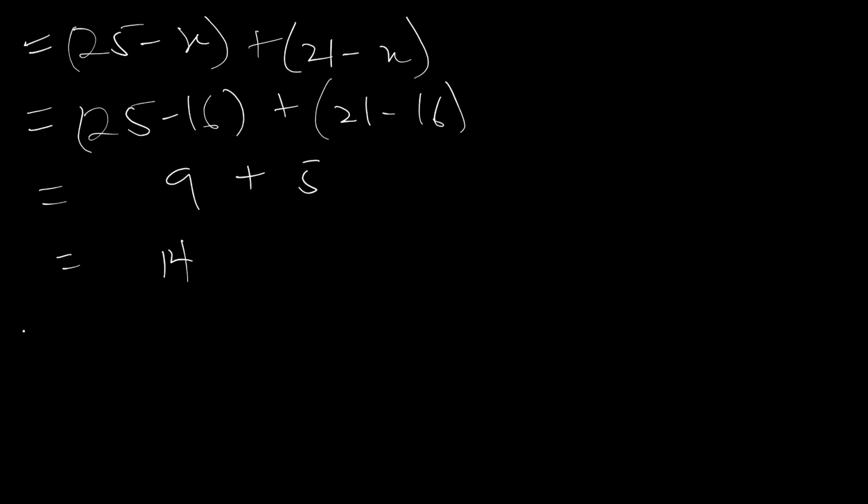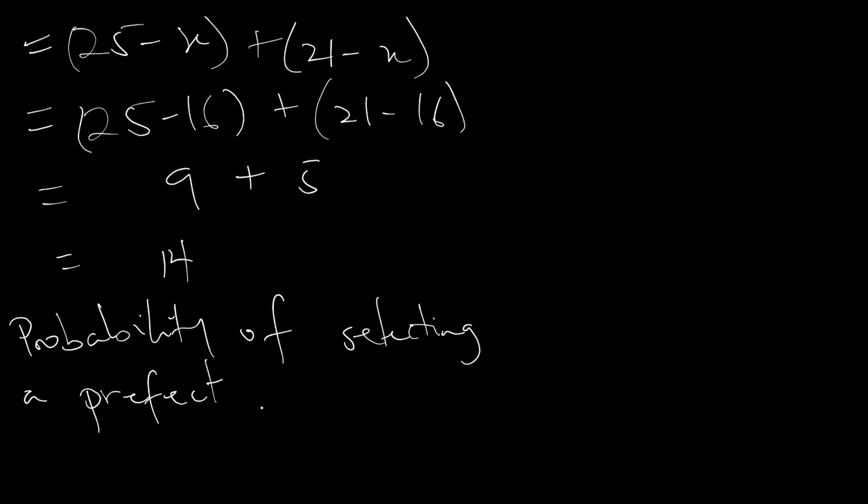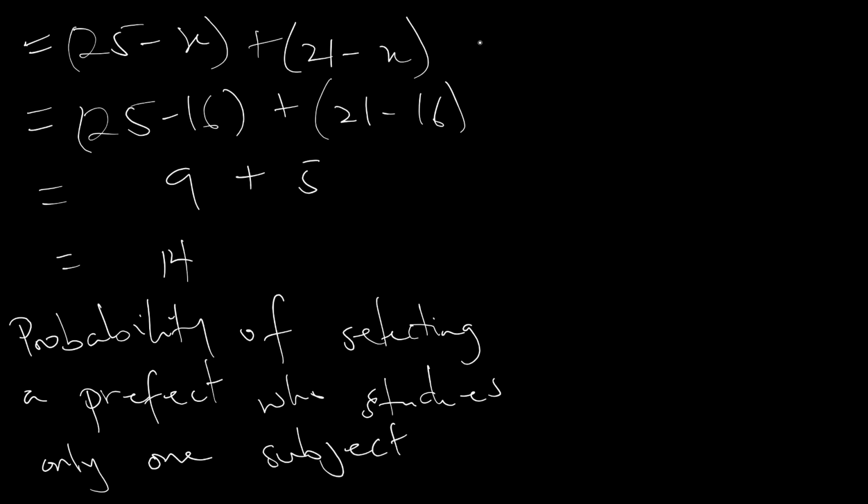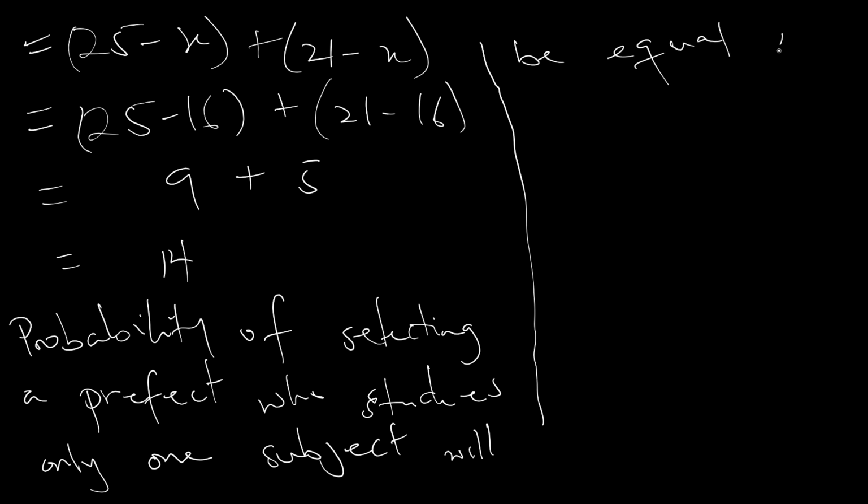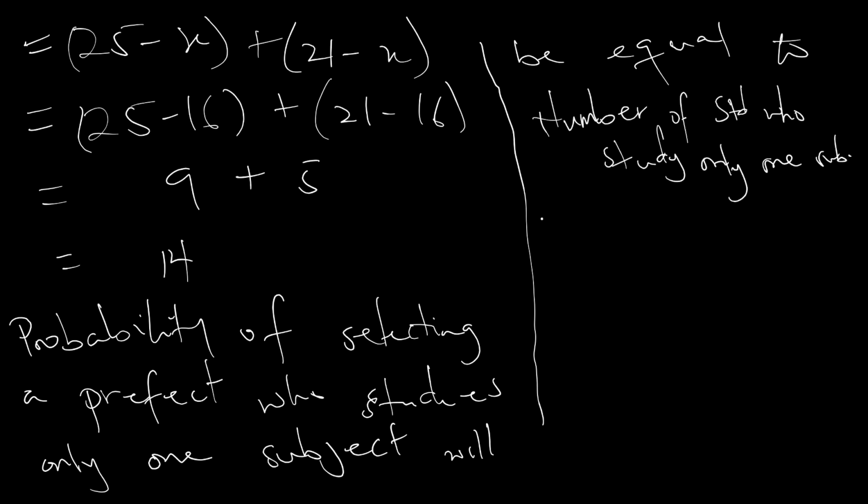Therefore, the probability of selecting a prefect who studies only one subject will be equal to the number of students who study only one subject over the total number of students in the class.